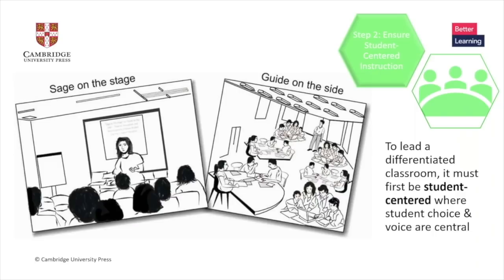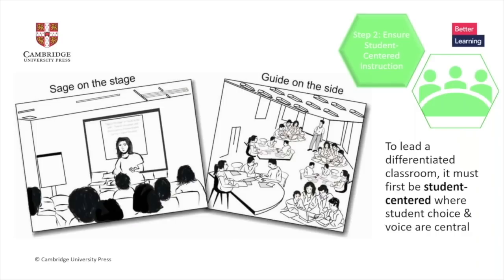And while in an online environment we are not physically in these types of spaces, and we're not physically wandering around the room facilitating as we might, we want to take this ideology, this framework, and apply it into online contexts. We know we're in a student-centered classroom when student voice and student choice are evident.